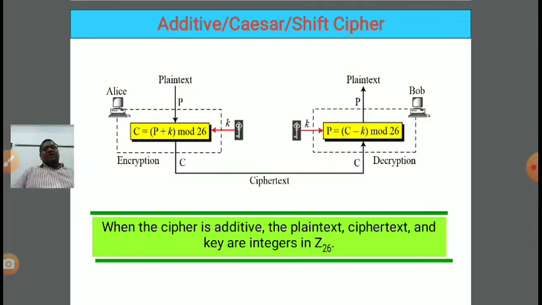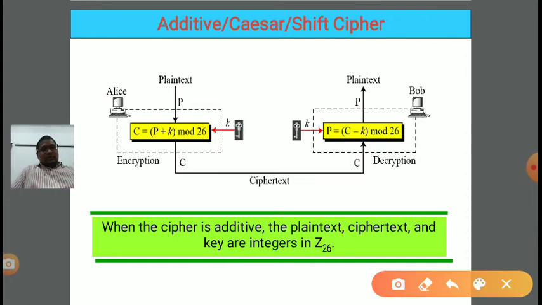Suppose in plain text we have X, and again we have X in plain text, then both occurrences of X will be replaced by the same alphabet in the ciphertext. So this is monoalphabetic.